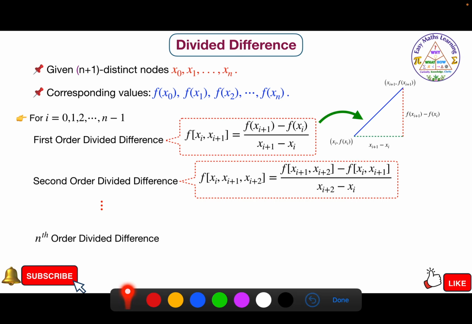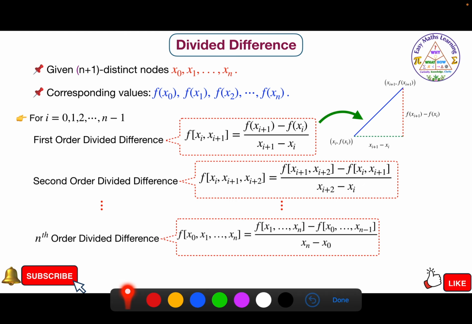In general, we can define the nth order divided difference by this expression.